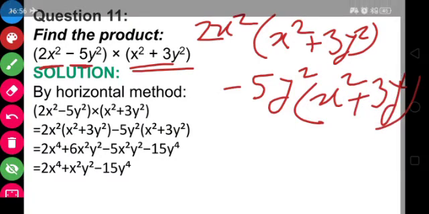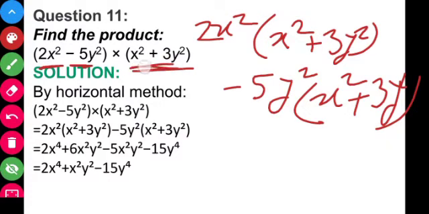We are multiplying the first term to this expression and then the second term to this expression. So multiply this.